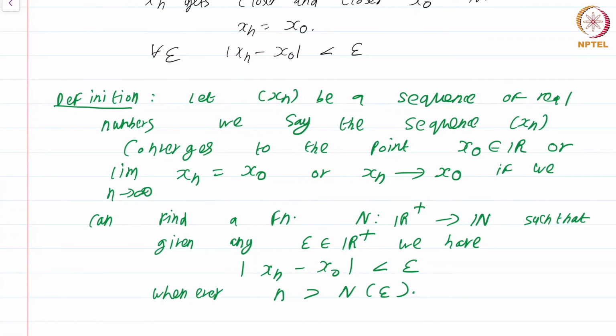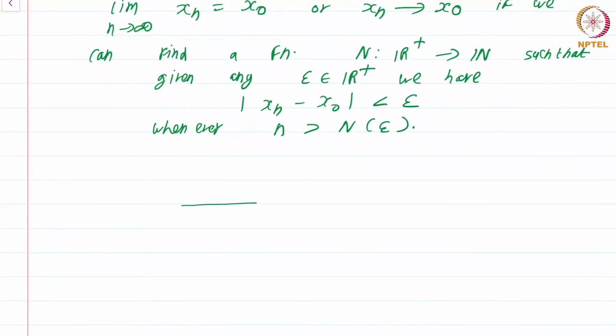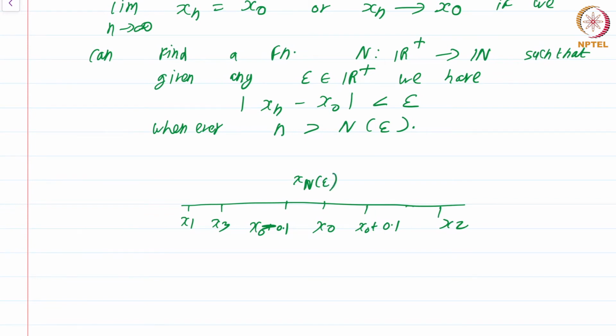That's essentially saying, pictorially, that if somebody gives you 0.01 as the desired level of approximation, then x1, x2, x3, and so on might fluctuate outside this desired level of approximation, but the moment you cross N of epsilon, all the terms of the sequence are forced to be within this interval x0 minus 0.01 to x0 plus 0.01.